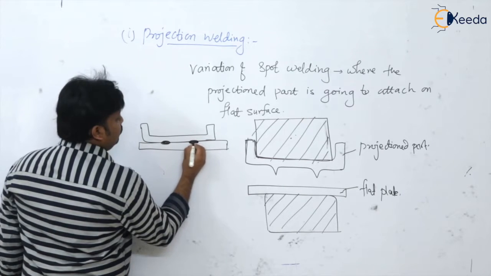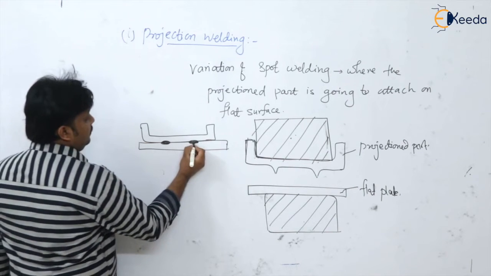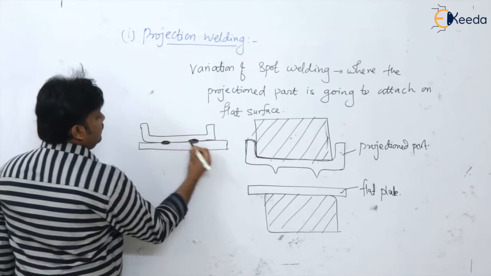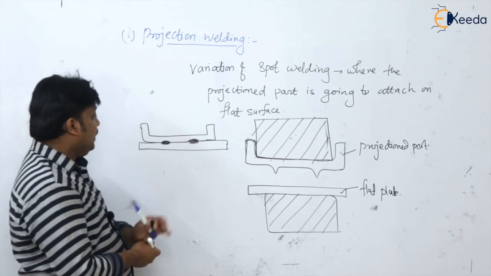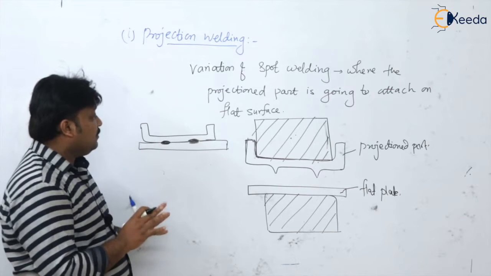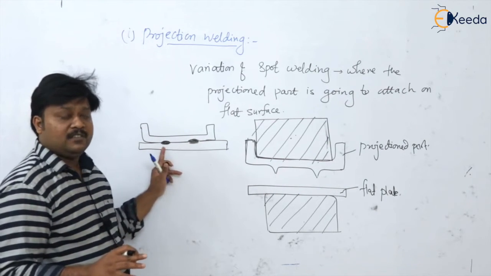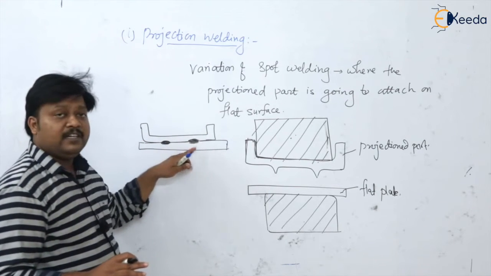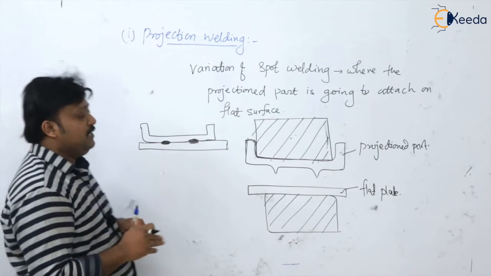So this projection part is going to melt and form a joint with the flat surface. Simple, this is projection welding. And please remember that here no kind of machining or surface finishing is required for those spots. It is totally flat and has a good surface finish. So this is projection welding.